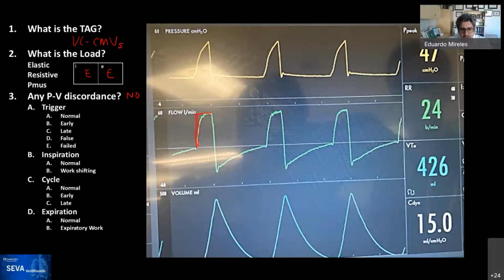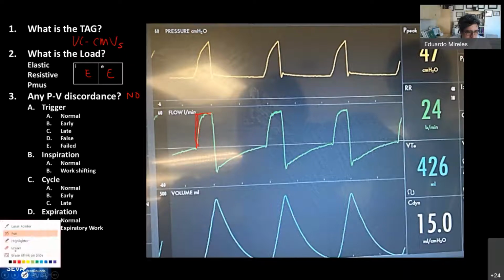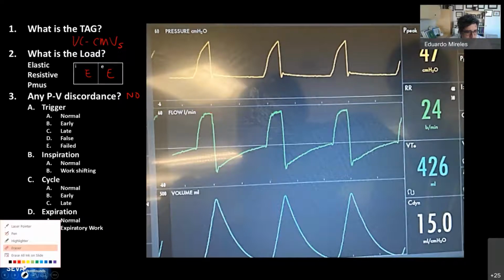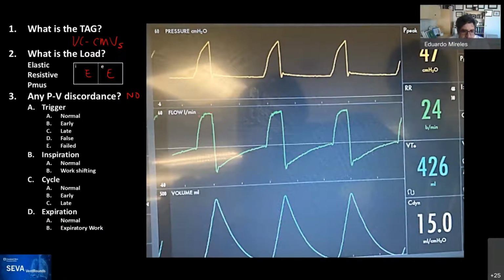If this was pressure control, that would mean that the patient would have been doing a lot of effort. Instead of this square that I really butchered here, let me try to make a nicer square for you. If this was volume control, it would look like this, a nice square.